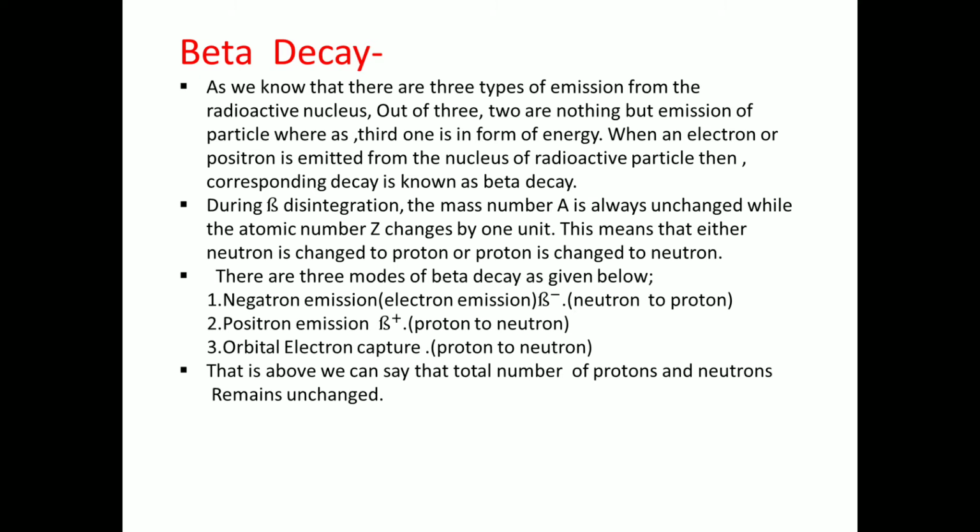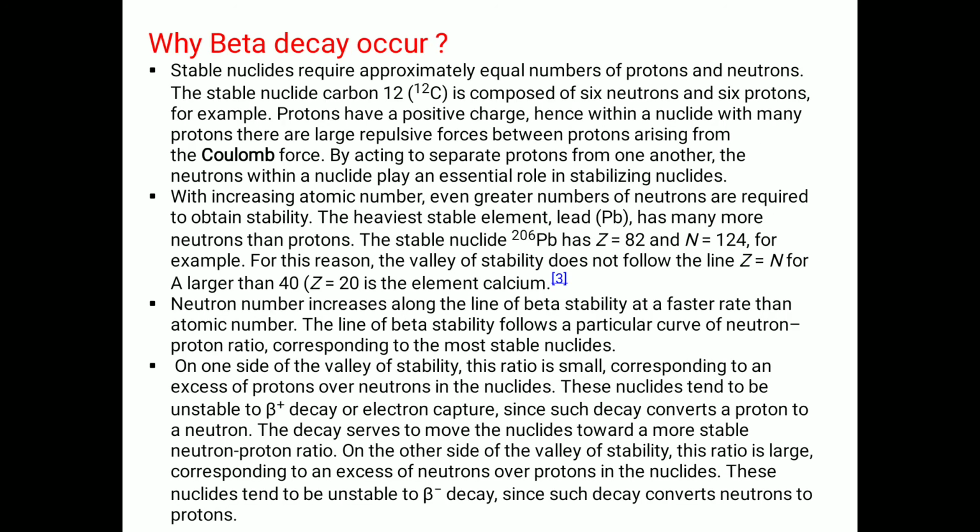Whereas the third one is orbital electron capture, in that also a proton is converted to a neutron. In all of these, the total number of protons and neutrons remains unchanged. So in beta decay there are three types of decay: beta minus, beta plus and electron capture.